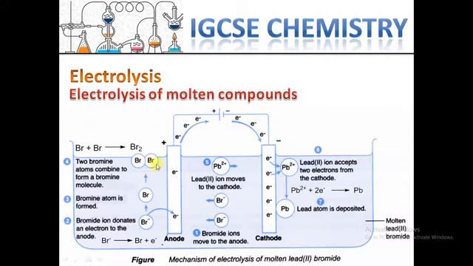In opposite, bromine can form a gas, and then it can be released from here. But metal like lead, and one other part of the molten compound, can be deposited here.